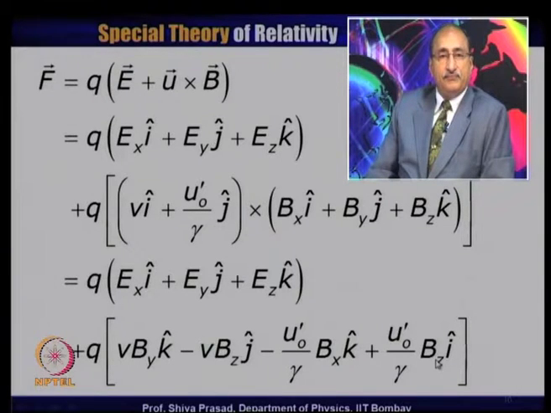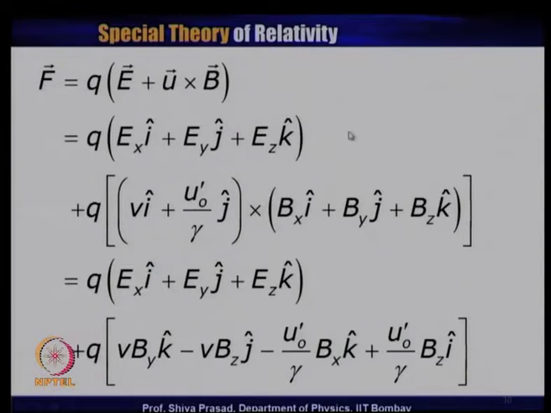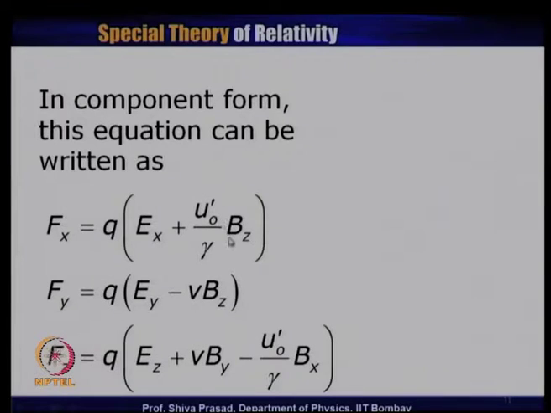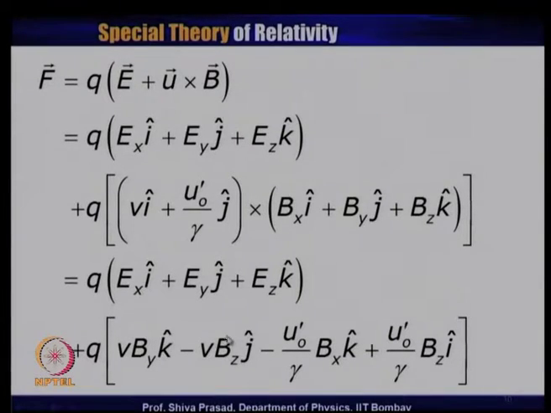I pick up the x, y and z components of this particular equation like before. Let us look at the x component. X component will have an Ex term and you will have a term u naught prime divided by gamma Bz, which I have written here. Y component will have a term Ey here, it will have a term V Bz here, there is no other term which contains j.